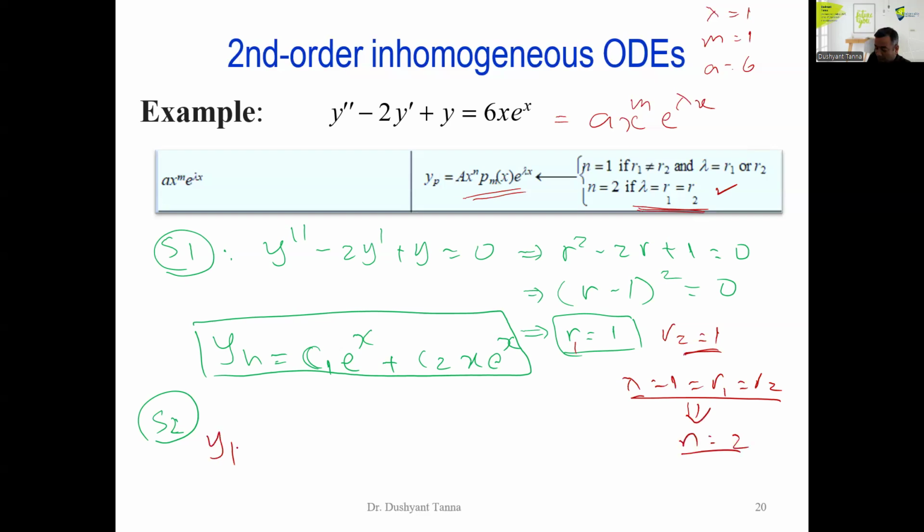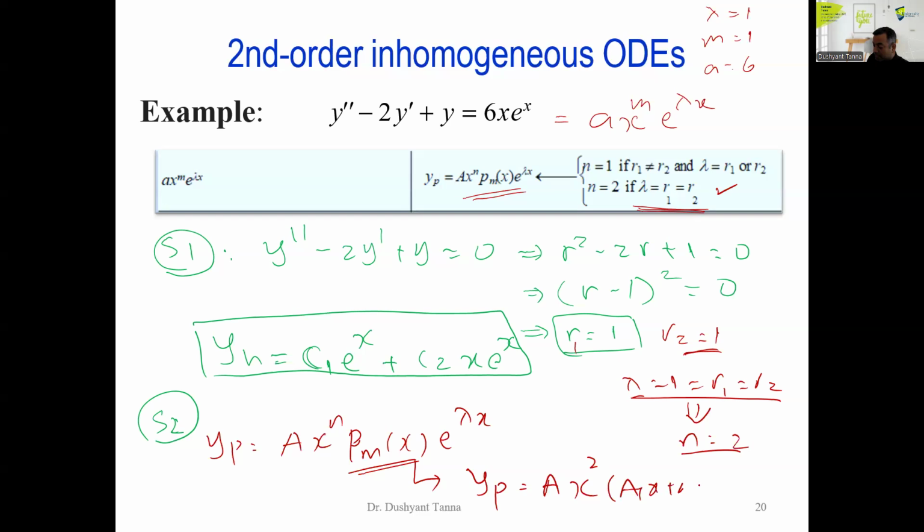So your y_p, which was A x power n P_m(x) e raised to lambda x, will become: leave the A as it is, x power n, so that will be x square. If we are talking about x square, your P_m(x) will be A1x plus A0. Follow previous week's content on how you choose P_m(x), right? There'll be two terms, and lambda being 1, so e power x.